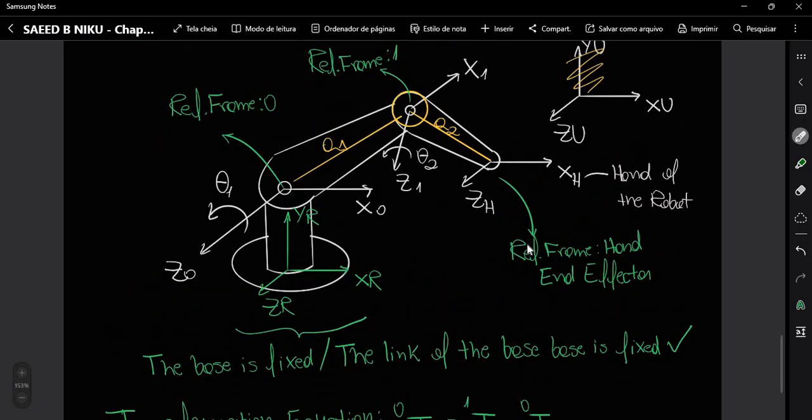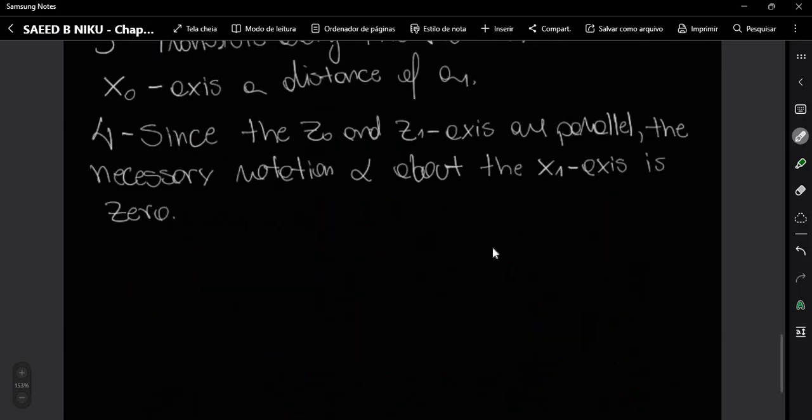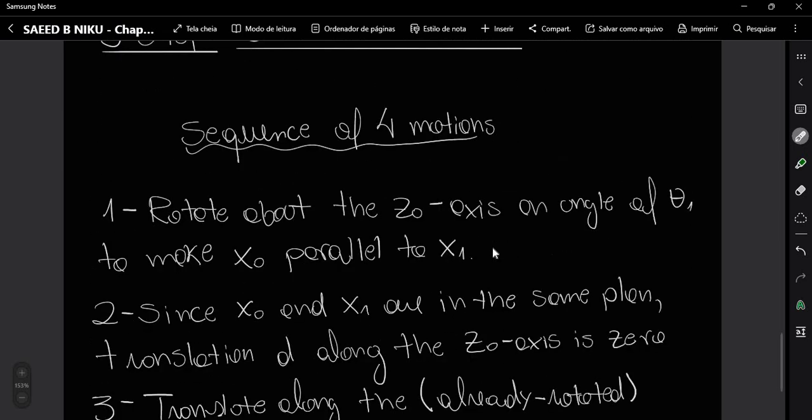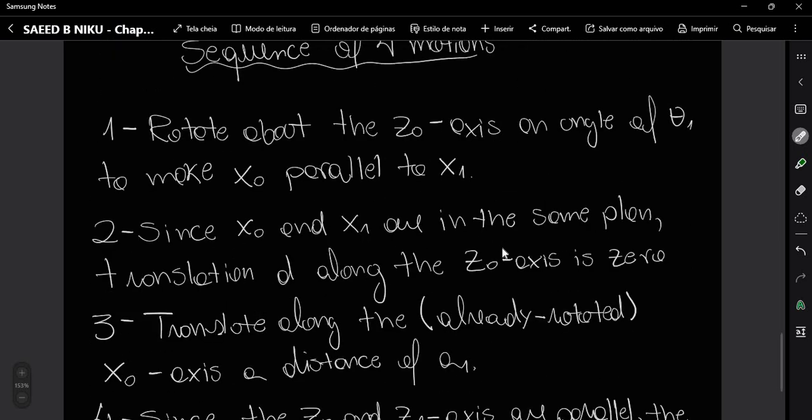Actually, if you can notice, on the first motion, it says that we are rotating an angle of theta 1, and it does not specify an exact value for this theta.